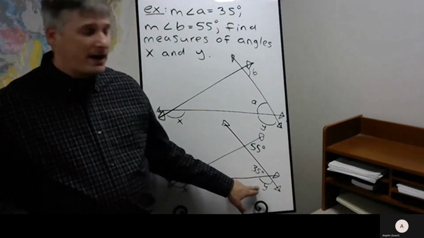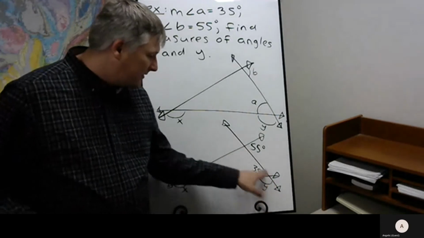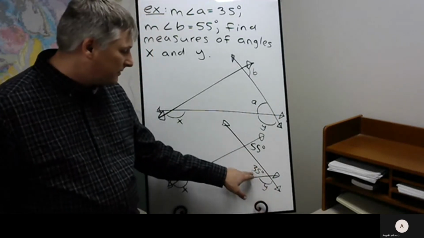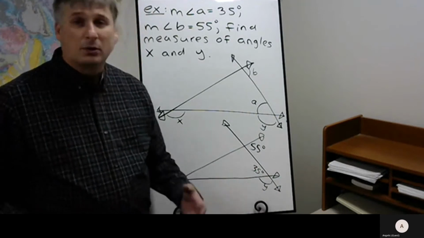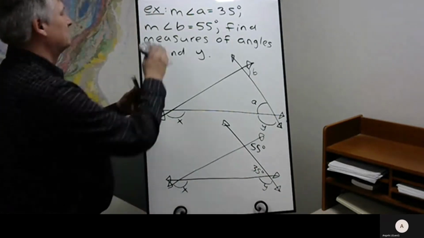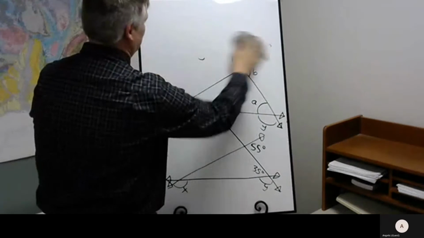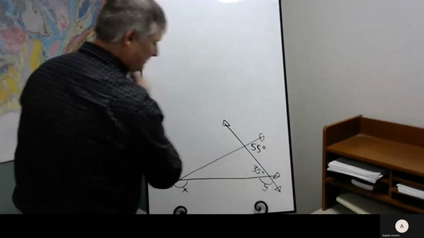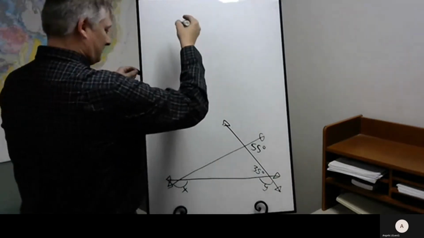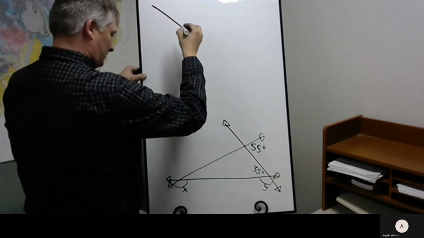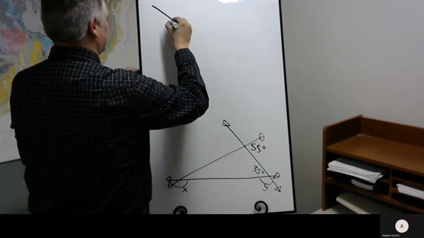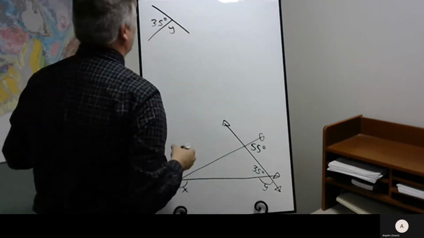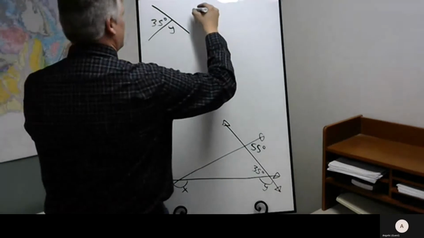Finding y is not going to be too bad because this is a line. This is going to be a straight angle. So 35 plus y is going to equal 180 degrees. So we have this situation.